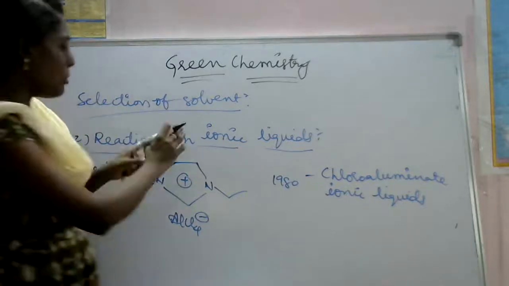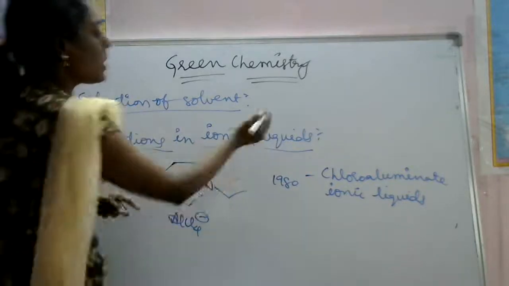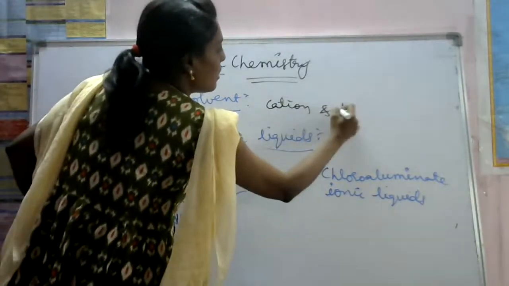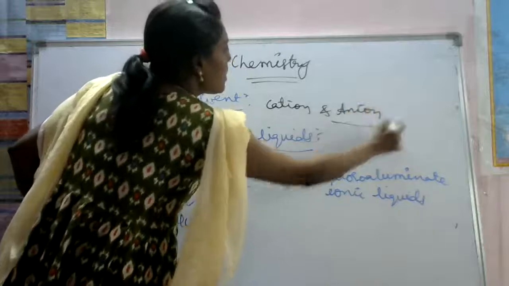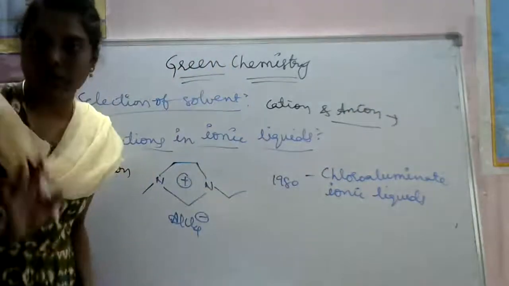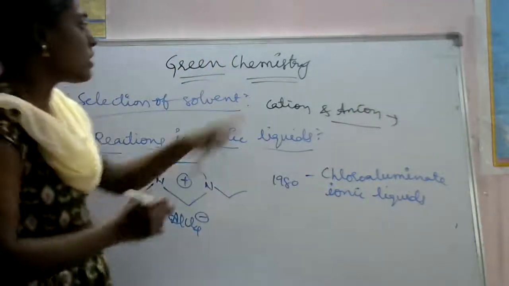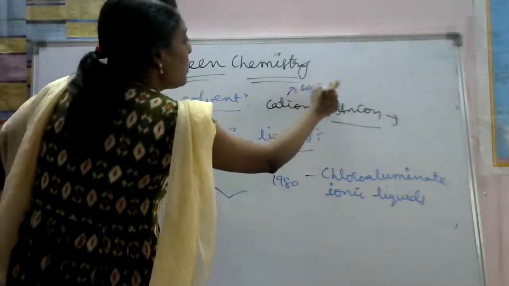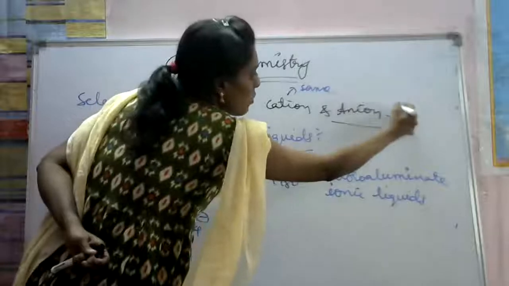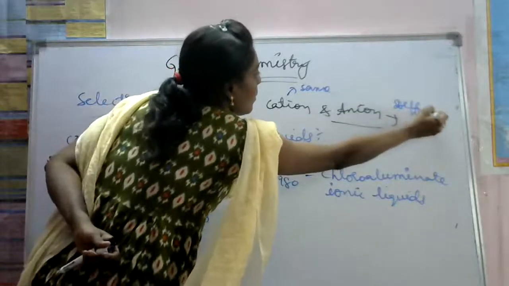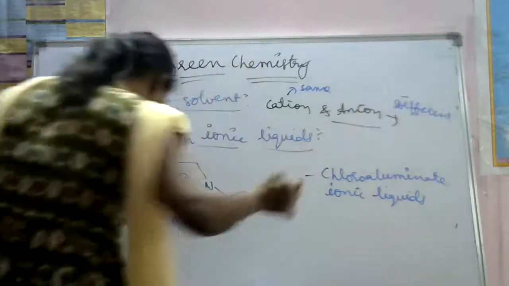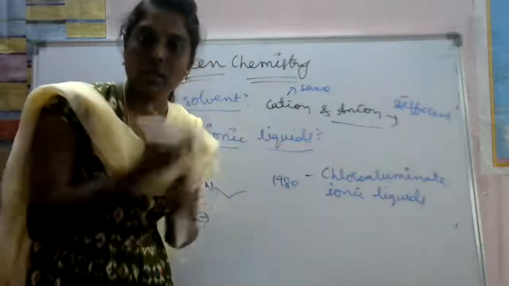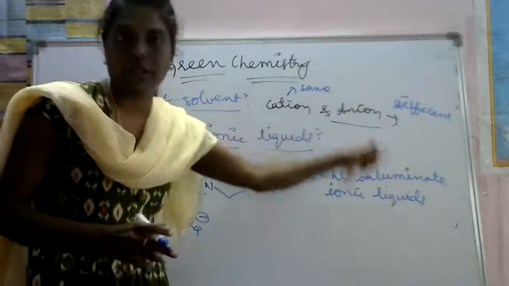By varying the anion, there are three generations. The cation remains the same but we use different anions.